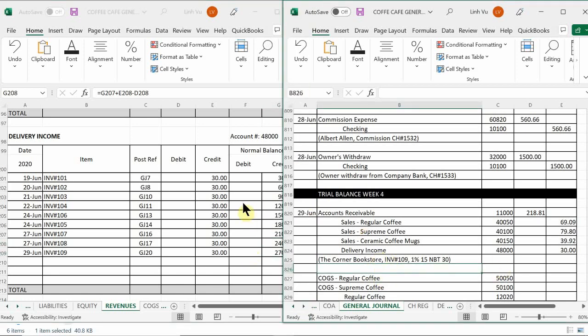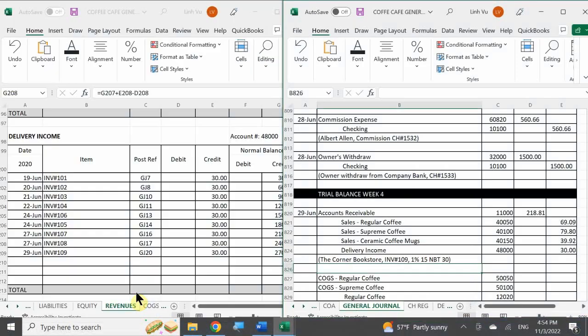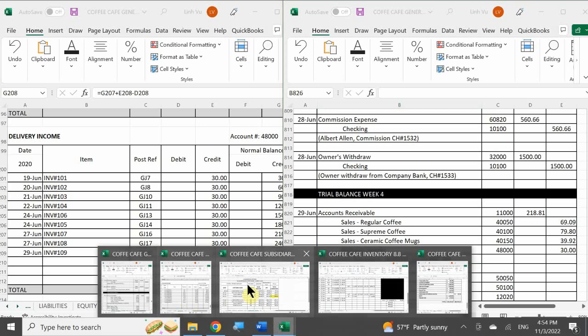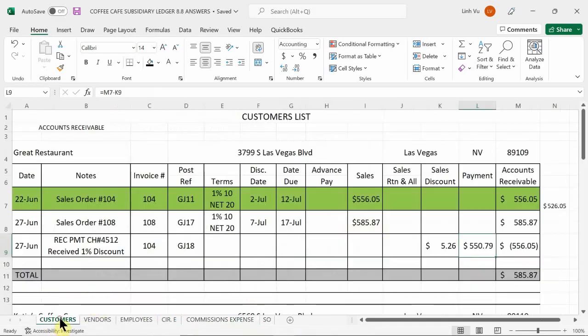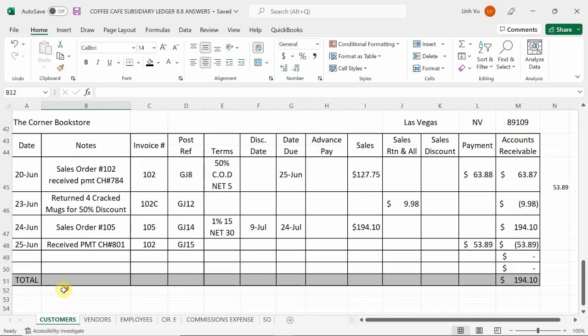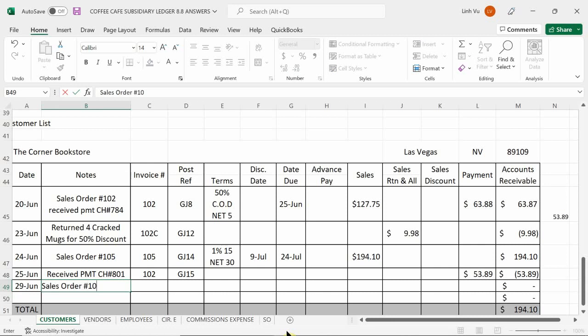Once again, since the corner bookstore owes me money now, I need to go to the subsidiary ledger to update the customer's account. So at the very bottom, here you go. It's the 29th. We had sales order number 109, invoice number 109, General Journal 20.